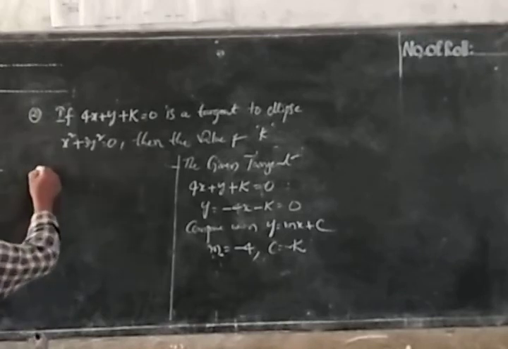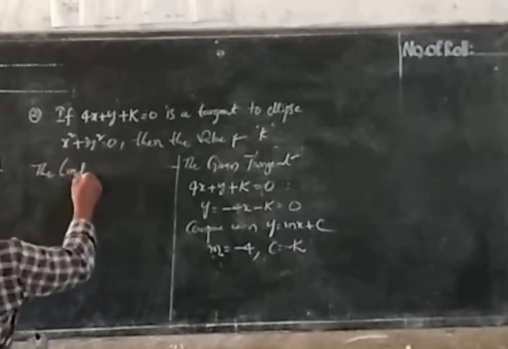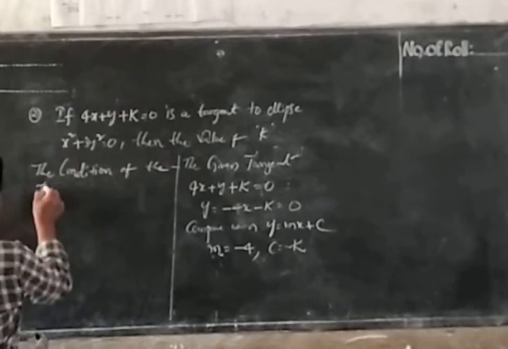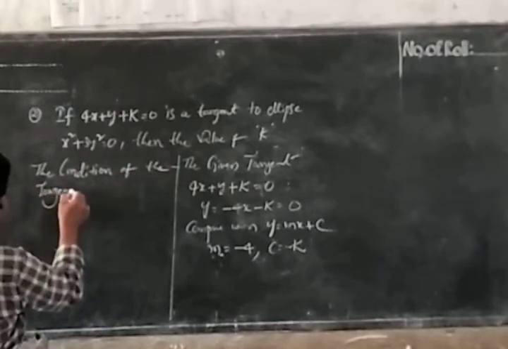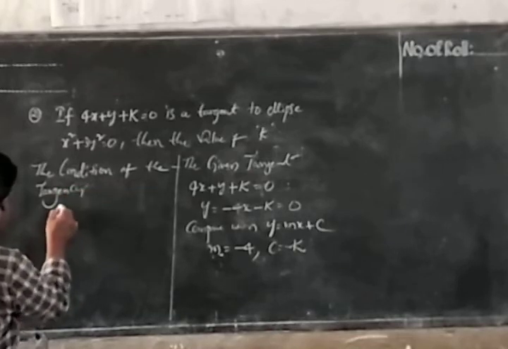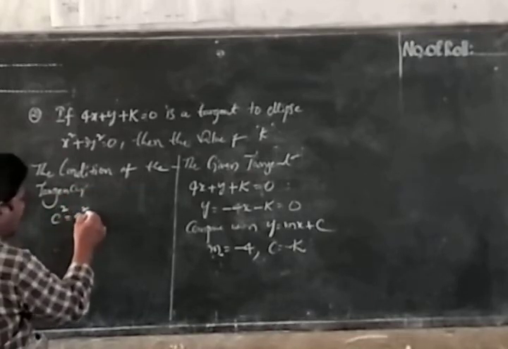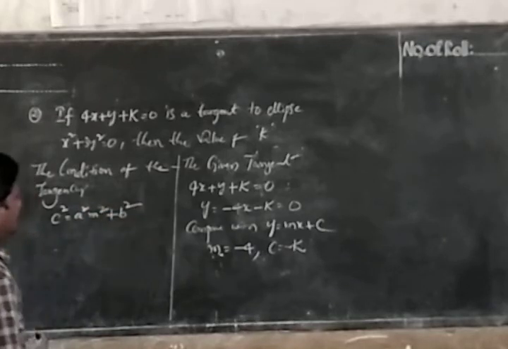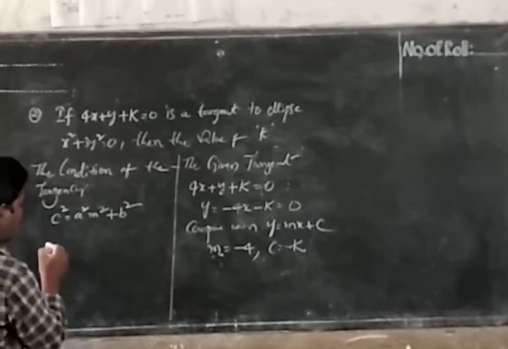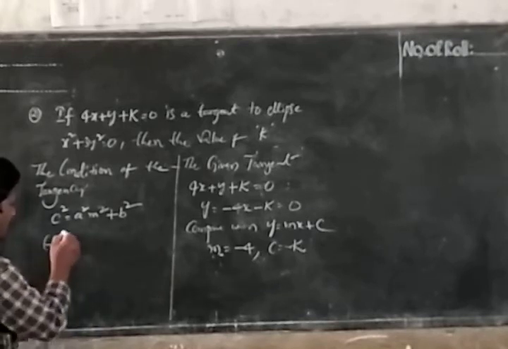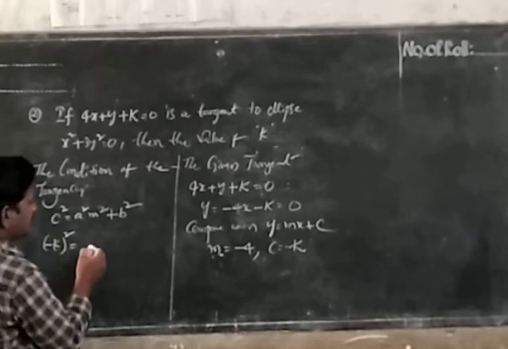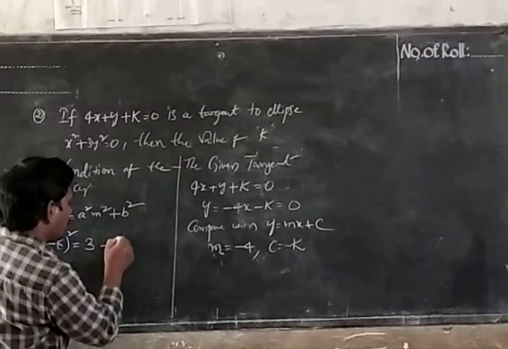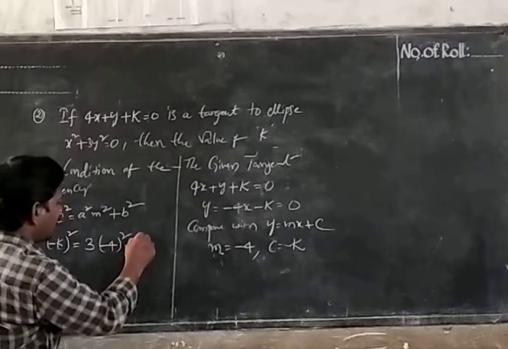So c square means minus k whole square, a square means 3, m square means minus 4 whole square, b square means 1.